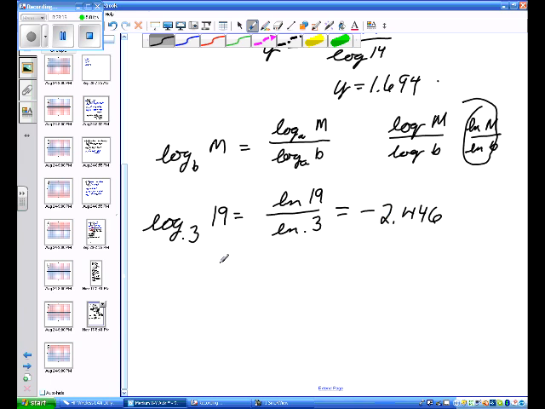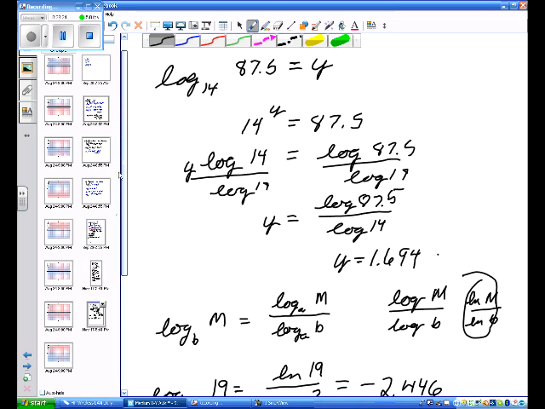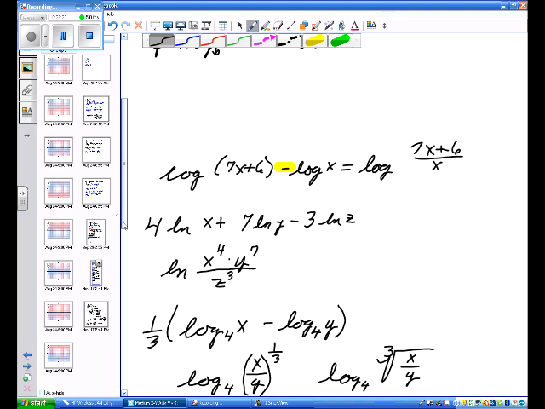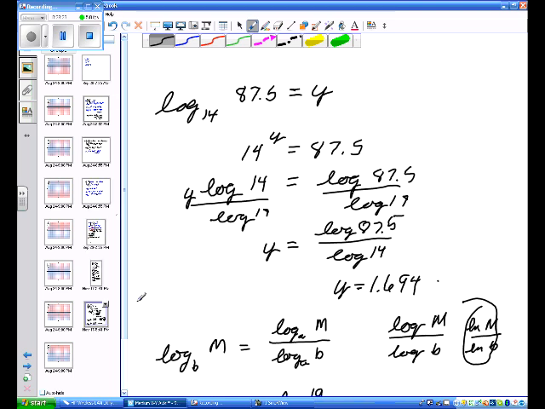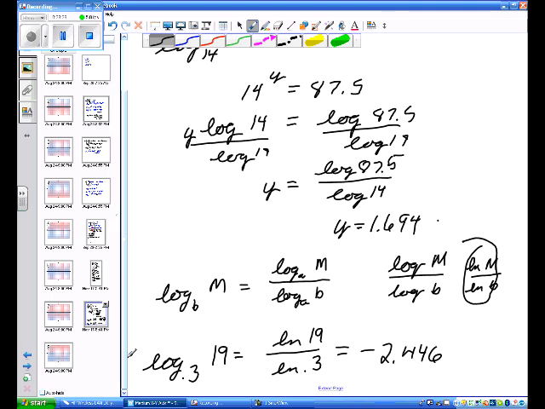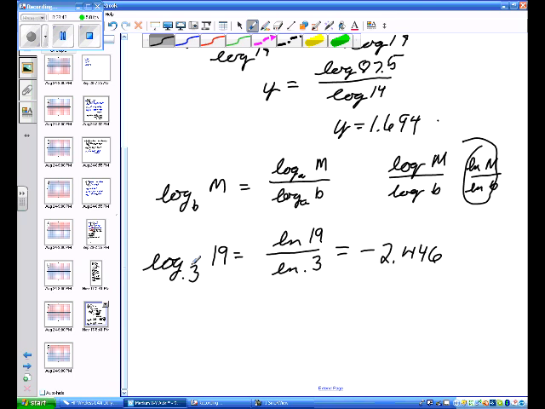Negative 2.446. And again, if you forget this change of base formula, it's okay. Go back to that property that we were talking about, the property that dealt with if you're trying to change a log and you can't find it, write it back in exponential form.